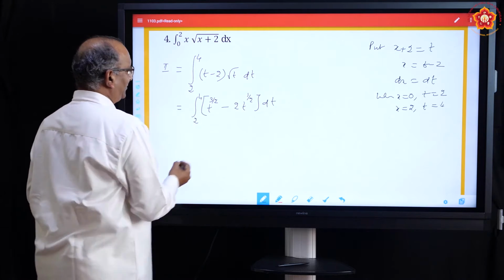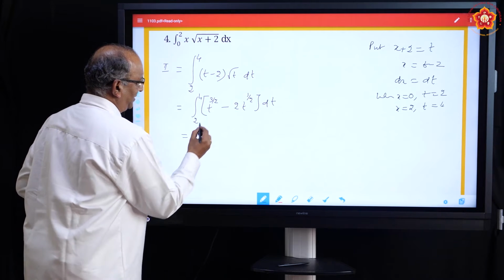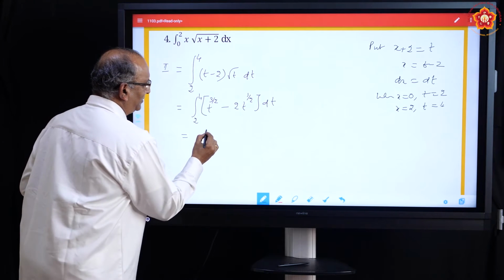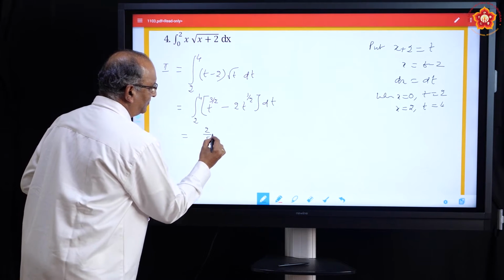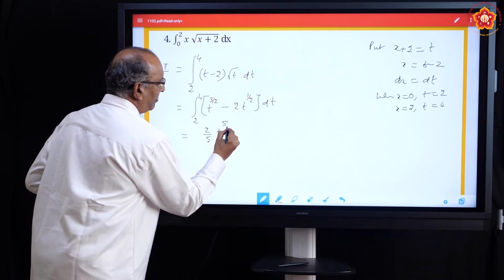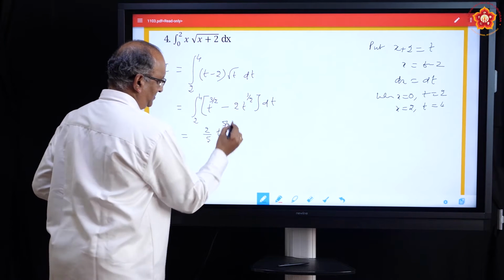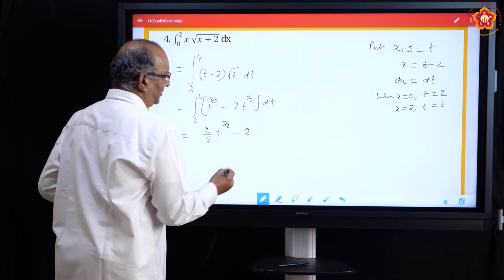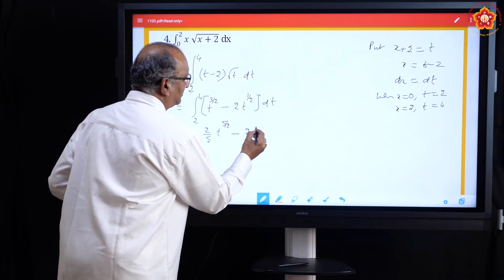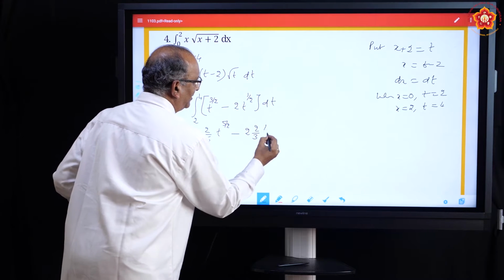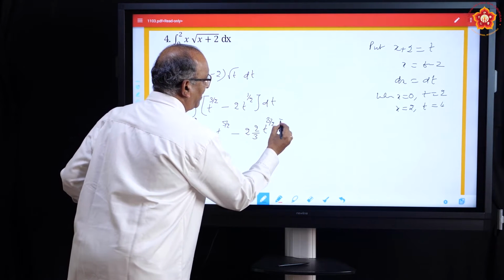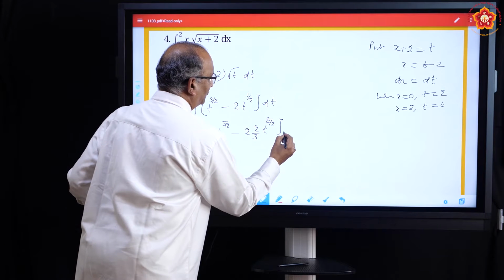So for t to the power 3 by 2, it is going to be t to the power 5 by 2, minus 2 into, for t to the power half, it will become 3 by 2, so it will become 2 by 3, limits 2 to 4.